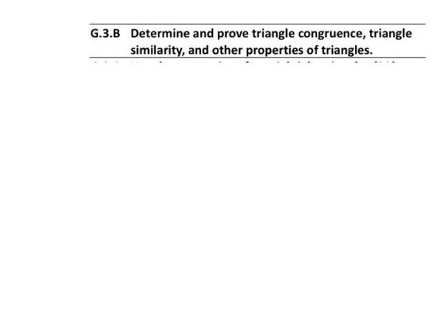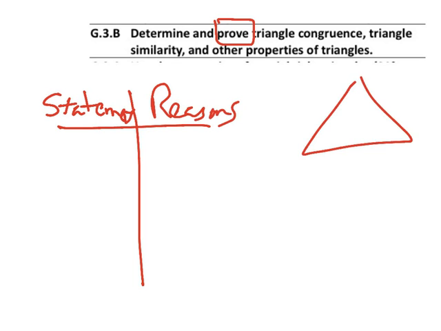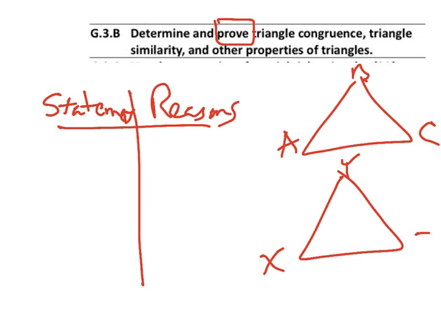Next, we're going to focus our attention on this word right here, prove. That automatically should mean something to you, that we're going to be doing proofs and reasons. I'm not going to do a proof here, but if I were to give you an example like this, this is triangle ABC, this is triangle XYZ, and your proof may give you some information to start with, and what you have to do is prove that the two triangles are congruent.